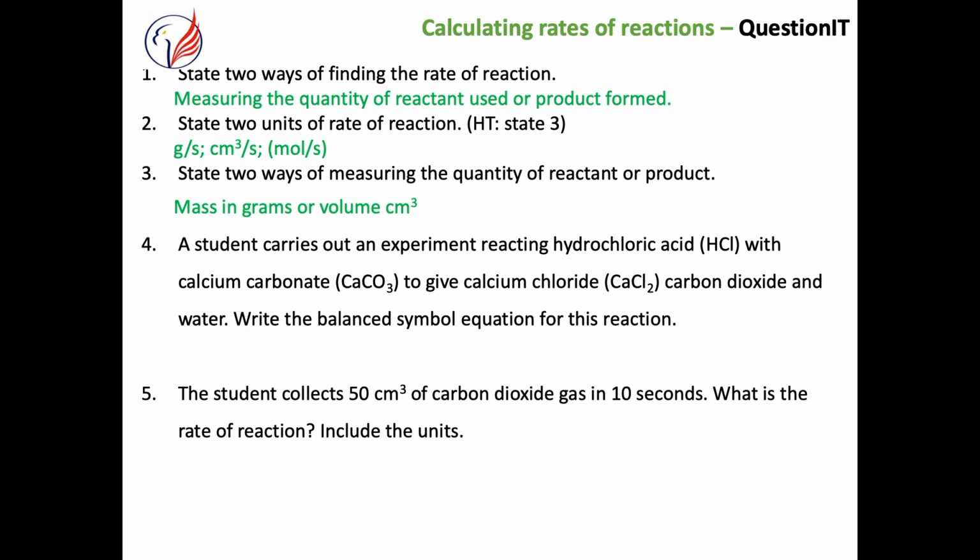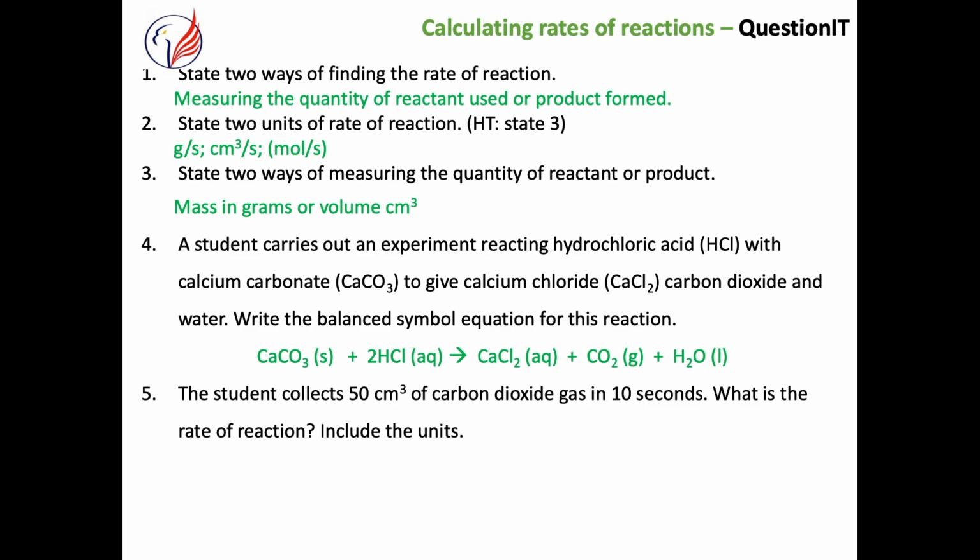The answer is, and don't forget to put the states, like calcium carbonate, solid, hydrochloric acid, aqueous. There are those kinds of states that you have to fill in, and then also the balancing. Good job, everyone.